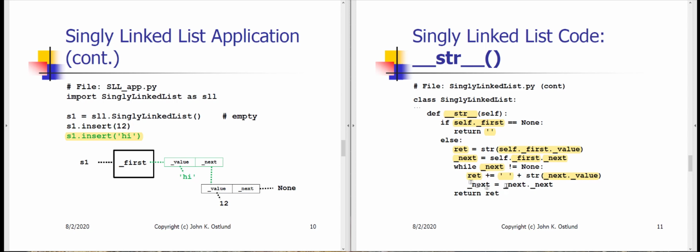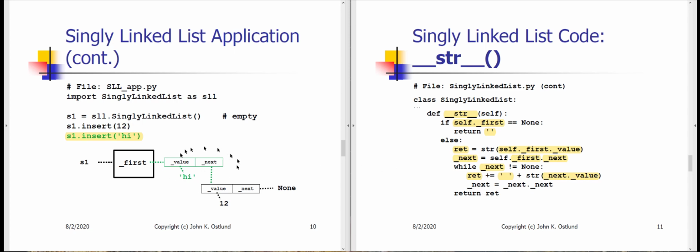When we eventually get to the end of the linked list, this _next loop variable will become equal to None. That means that we have reached the end of our linked list, and we simply want to drop out of the while loop and return this string that we have built up for this ret variable to refer to.